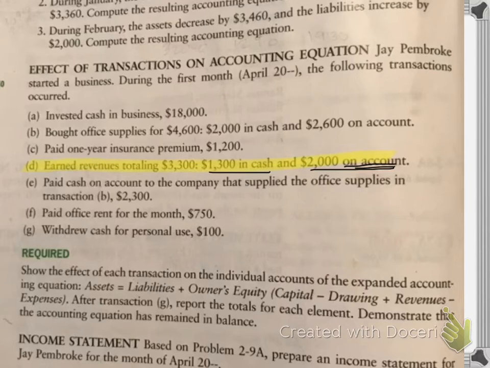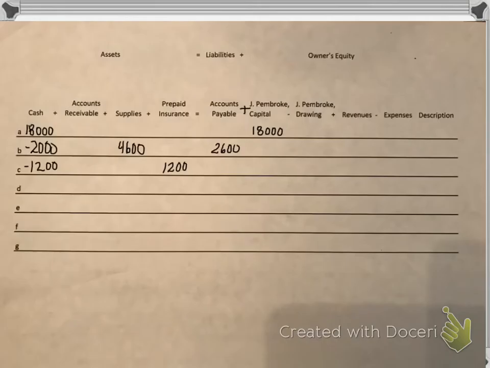So money that you will receive in the future is accounts receivable, and accounts receivable is an asset. So far, we have said cash is affected because we are receiving cash. We've said accounts receivable is affected because you're going to receive the part that hasn't been paid to you yet. We're going to receive that in the future.